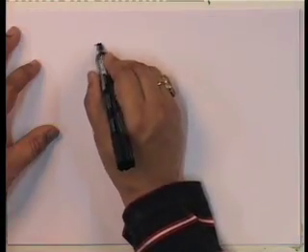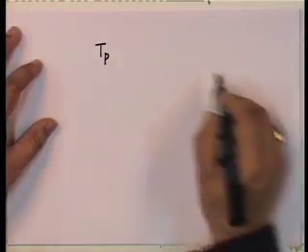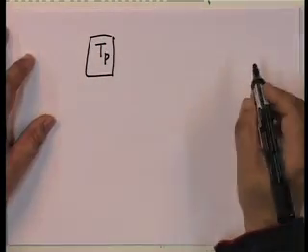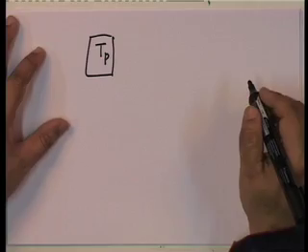Okay? Now, the only way to do it is by saying that, look, T p, which we took, remember periodicity, which we took as infinite, is not infinite.